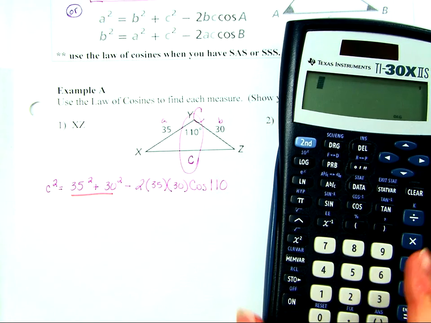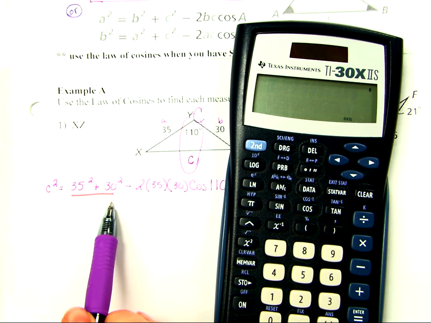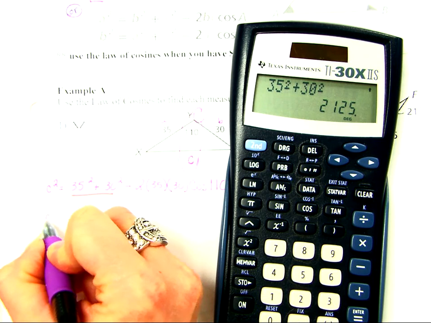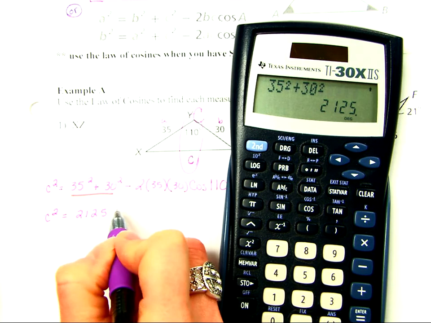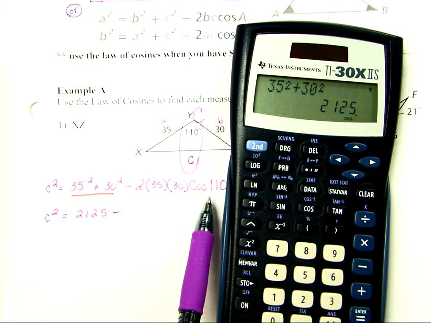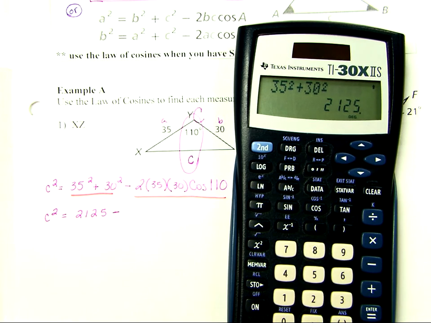Okay, so I know this would actually be 1225 plus 900. We're squaring them, we're adding them together. So this is going to give me 2125. I am subtracting, but if I were following an order of operations, we would be multiplying first. And so I tell kids to go ahead and multiply that product right there.